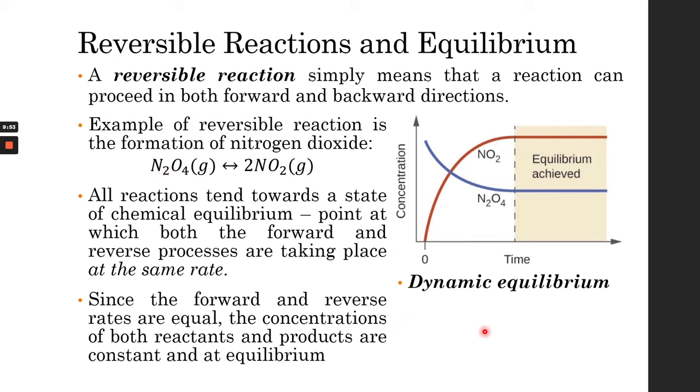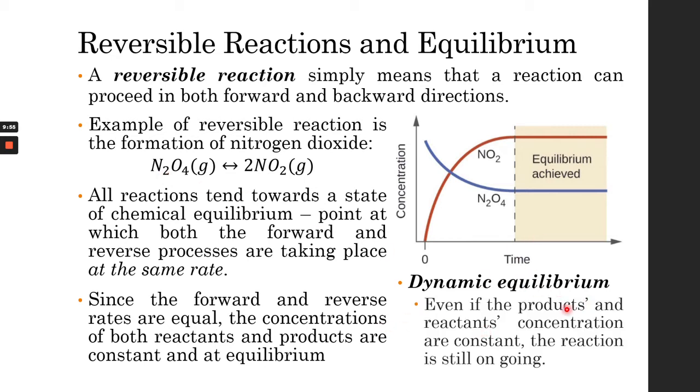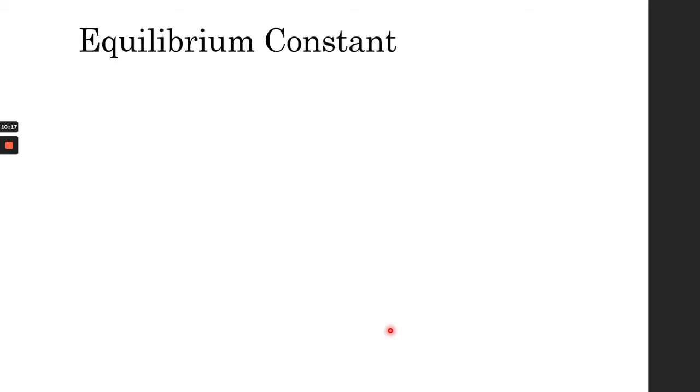That's what we call the dynamic equilibrium, no? Even though the concentration of the products and reactants are constant, the reaction is still ongoing. It does not mean the reaction stopped. It just means the reaction is happening forward and backward at the same rate. So that is what we call chemical equilibrium. That is what we call reversible reaction.